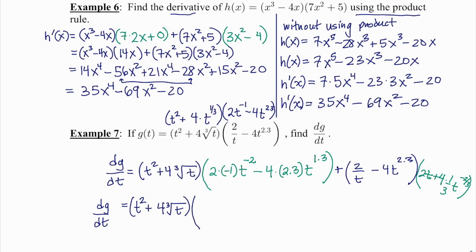So 2 times negative 1, t to the negative 2, that's the same as negative 2 in the numerator over t squared in the denominator. And then the next term here, I would multiply the 4 times 2/3. That's going to give me, what, 8/3 times t to the 1/3. And then we have our 2 over t minus 4t to the 2/3.